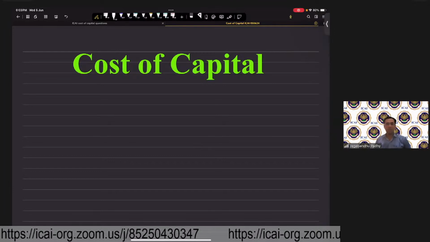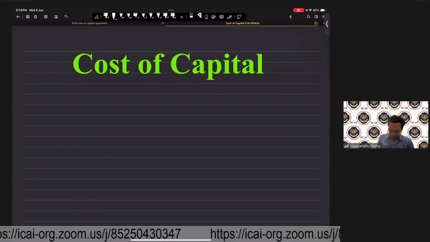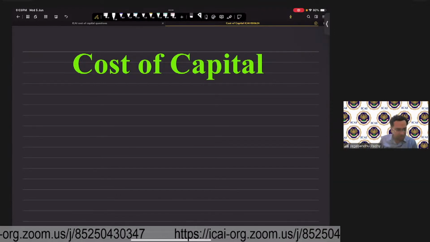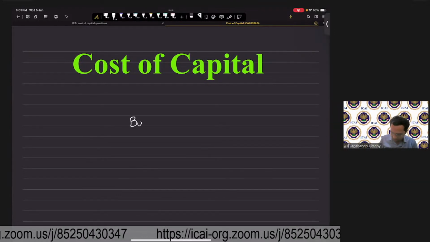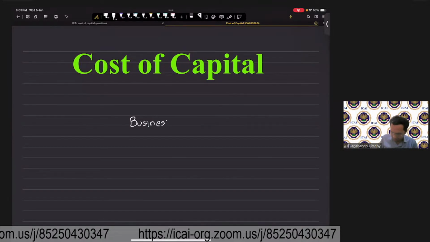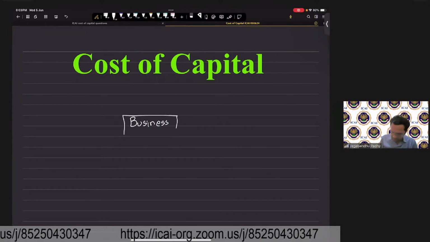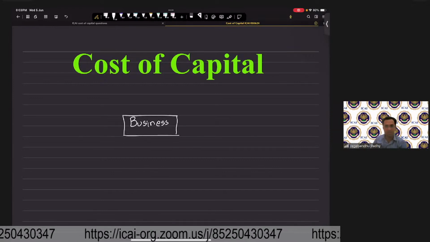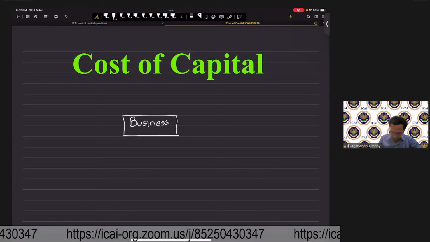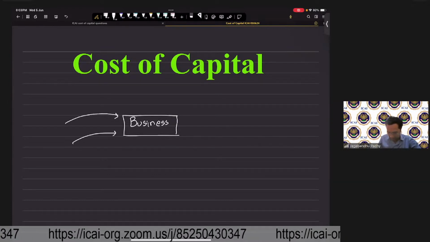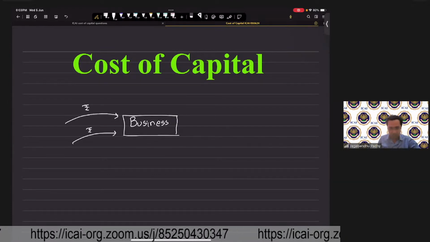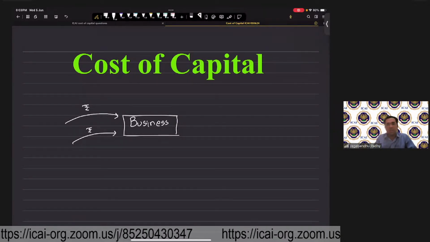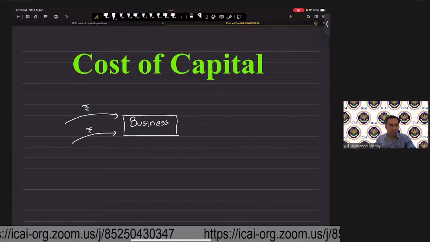Cost of capital. Before we go into what this concept is, we need to understand the function of a typical business. Any business entity's basic function is getting money from the market, from its various stakeholders. The stakeholders can include its shareholders, bankers, debenture holders.